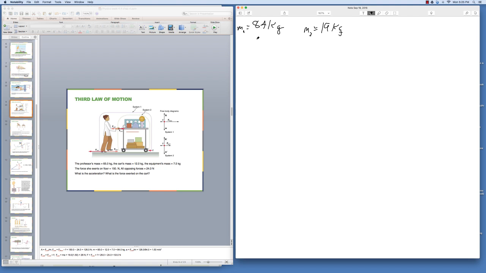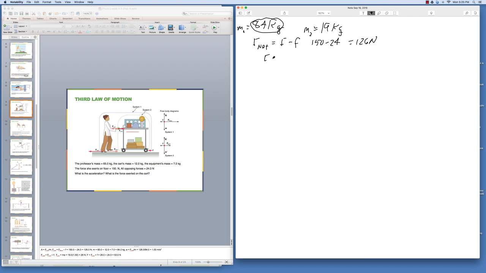So F net is going to equal the force that she generates minus the resistant force, which is going to be 150 minus 24, or 126 newtons. And that is what results in the motion of all of this material here.